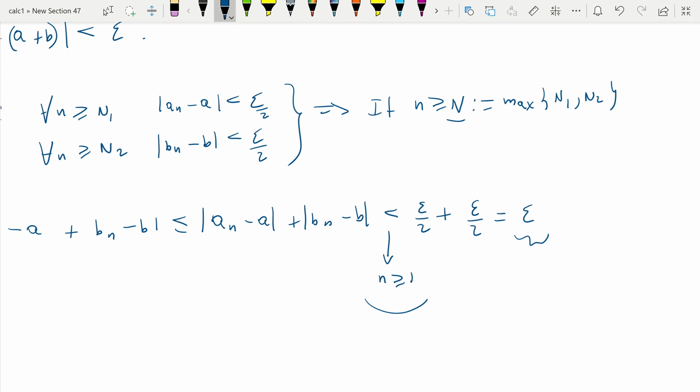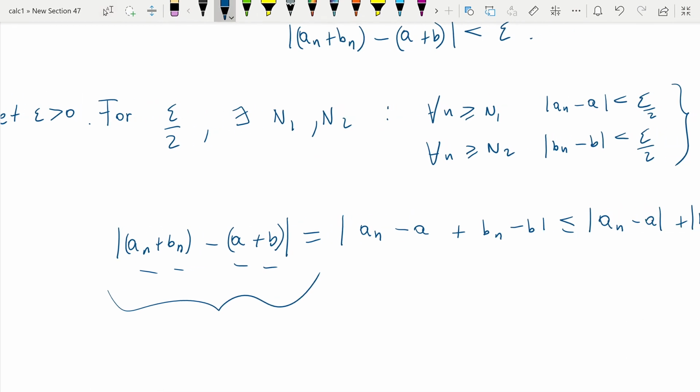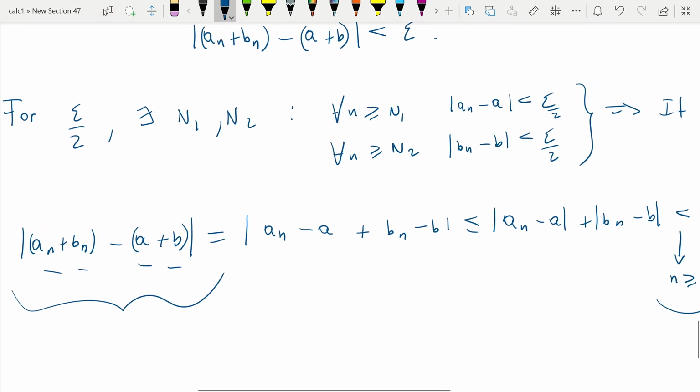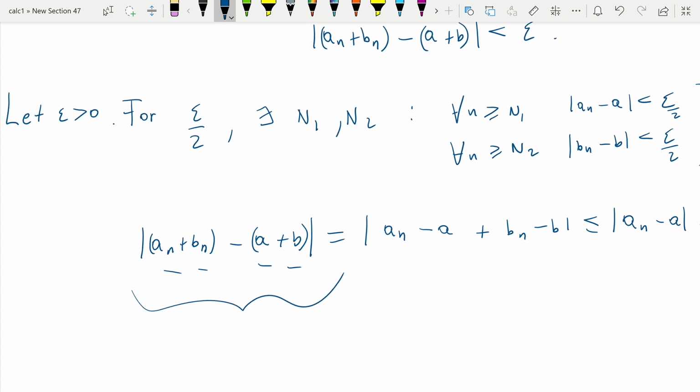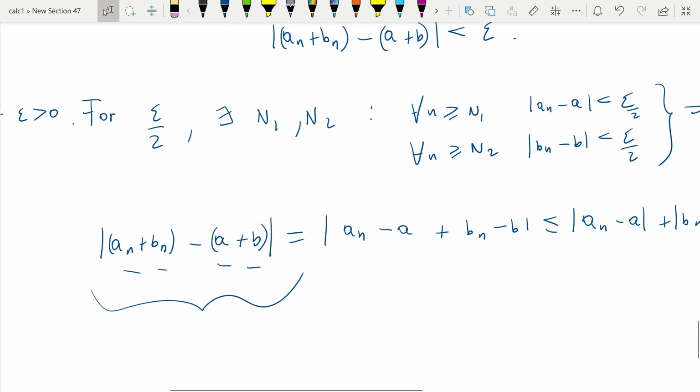So, summarizing, we started with a given epsilon. We used the hypothesis, the knowledge we had of the convergence of a_n and b_n to their respective limits, and we applied it to a particular epsilon. That statement holds for every positive number epsilon, and we used it for a particular number.